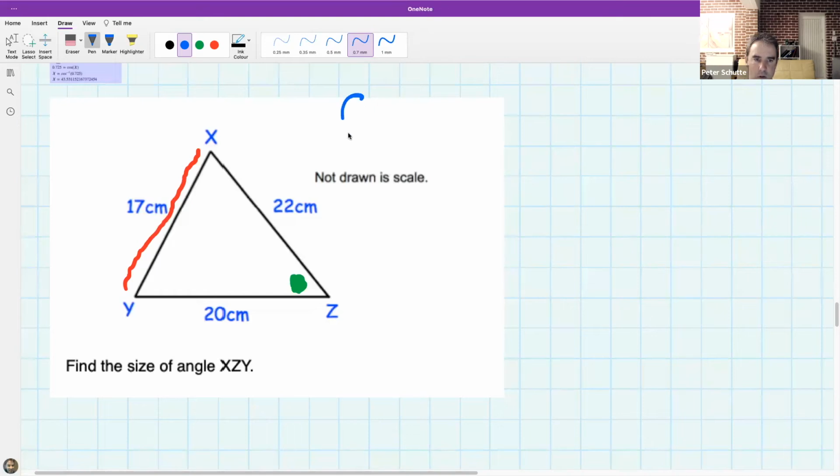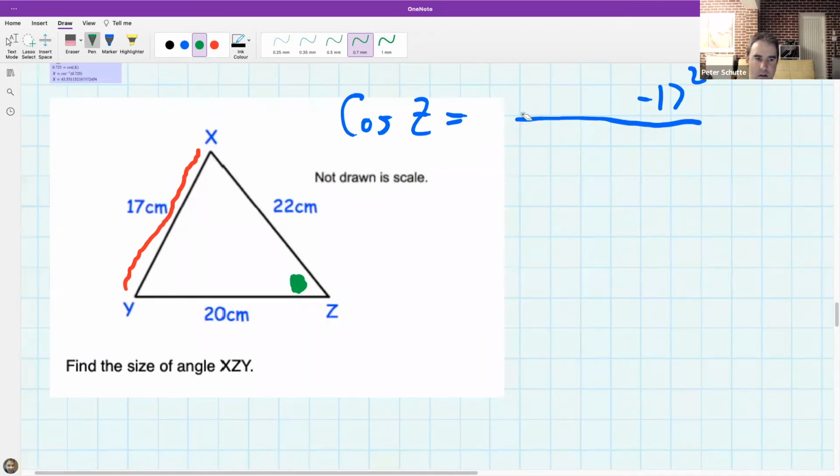Okay, so I was thinking the cos of Z is, I'm going to put my minus 17 squared. Actually, I need a bit more space here. So let me draw my fraction line, because I know that always comes first.